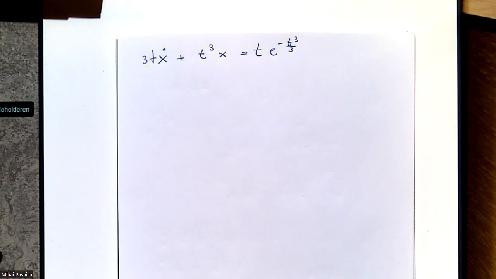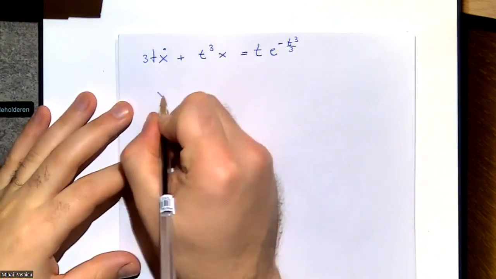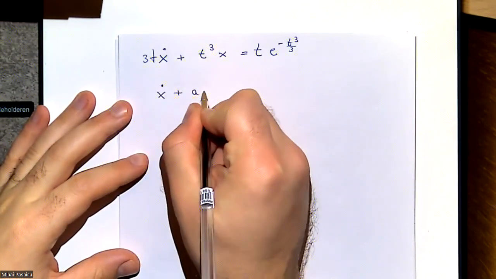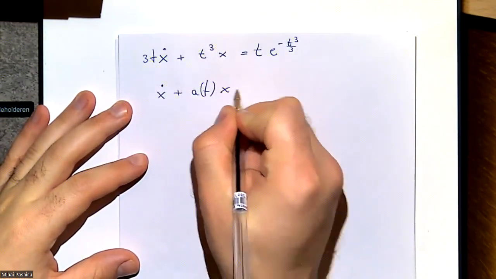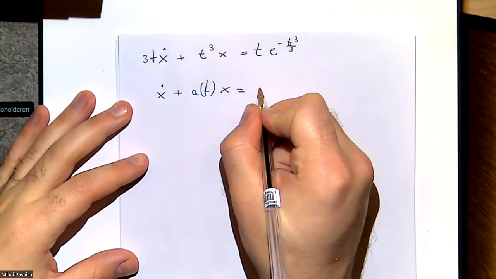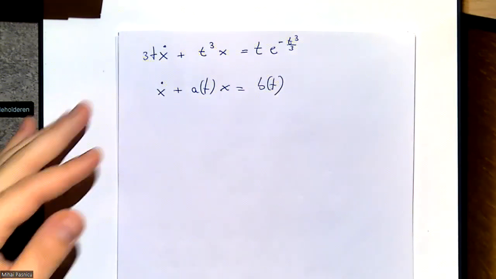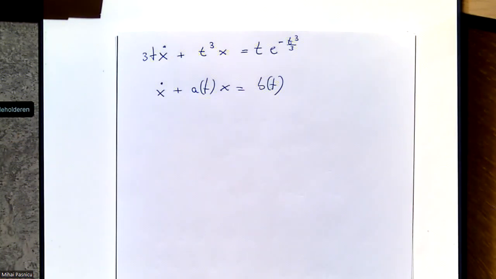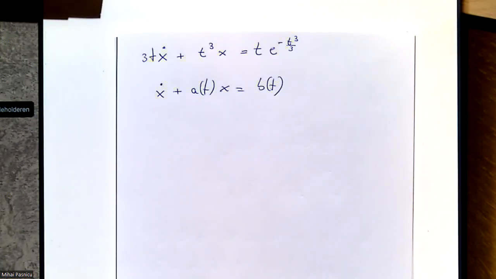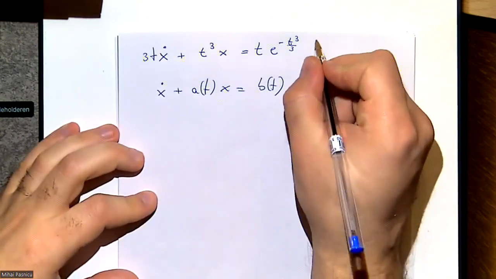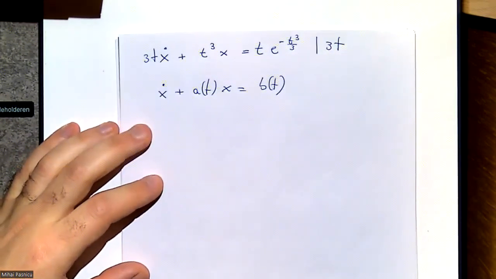This doesn't really look like our equation, right? What we're used to is x dot plus a of t times x equal to b of t. It doesn't really look like what we know, because we have this 3t here, which is kind of bothering us. So what can we do with it? We can just divide the equation by 3t.